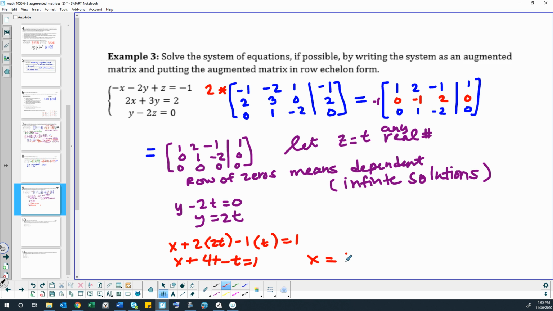So that would be x equals 1. That would be a positive 3t. So subtract it to the other side, so negative 3t. So that's what my x value would represent. So as an ordered triple here for x, y, z, x would be 1 minus 3t, or negative 3t plus 1. Y would be 2t. And z would be t for any real number t.